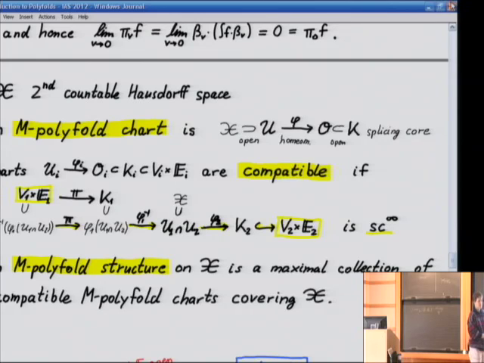Yeah. And I would venture to say that when you do Morse theory, essentially any charts that you write down are going to be compatible with each other. The only choice, I think, is the gluing profile, which translates small numbers to large numbers. So there's one real function that could make charts not compatible.